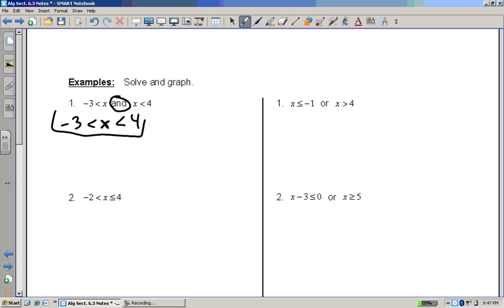So we have solved. Now, Conan the Barbarian, you can imagine Conan with his mighty spear. So you're going to have either an open or a closed circle, depending on whether you have the "or equal to." Here we don't have the "or equal to," so that's going to be an open statement.